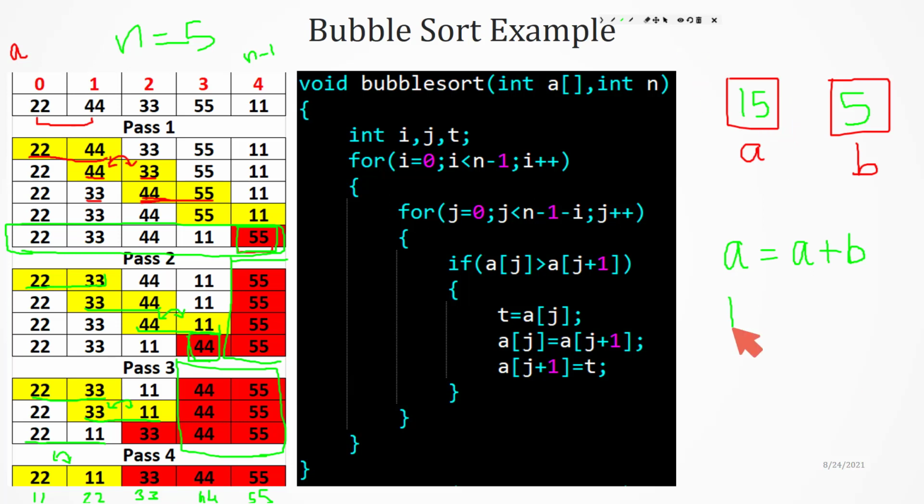Next, what I am doing is B equal to A minus B. What is A here? 15. What is B here? 5. 15 minus 5 is 10.